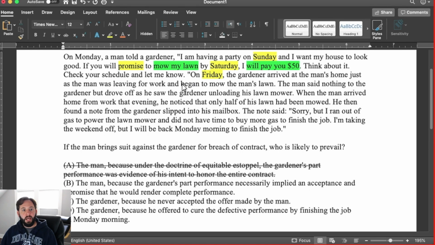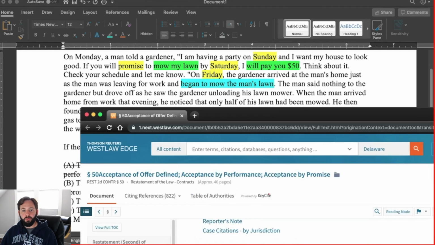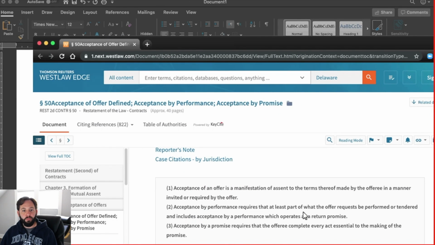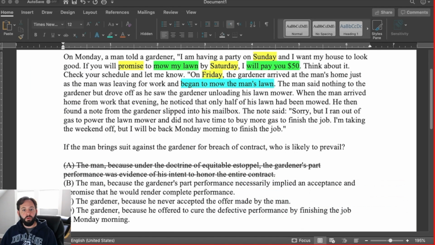Did he begin performance? Yeah, he began to mow the lawn. And so when he began to mow the lawn, that sure looks like acceptance by performance under Section 50 sub 2. So we look like we have an acceptance here. And so answer choice C is looking suspicious, even if we just remembered the rule in Section 50.